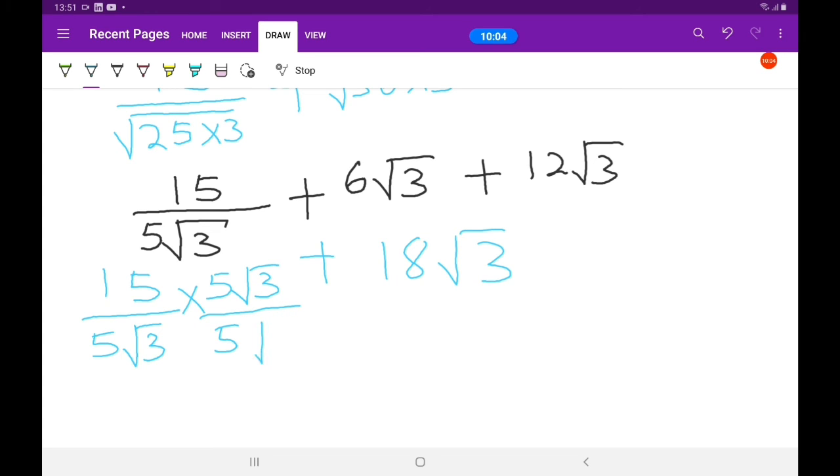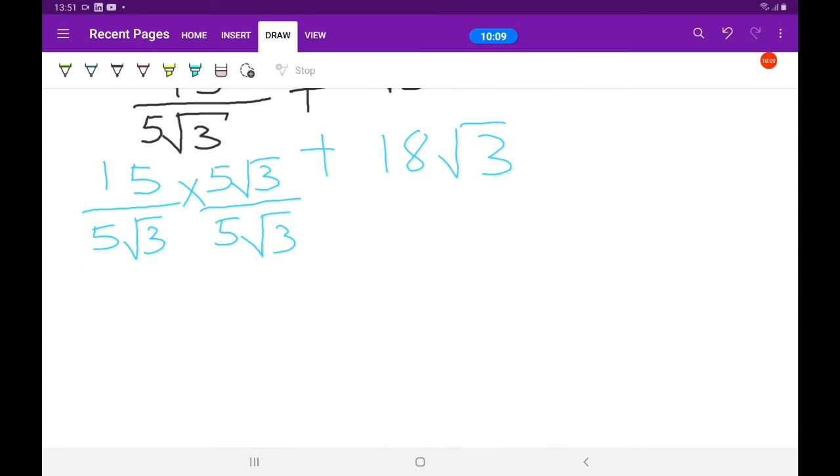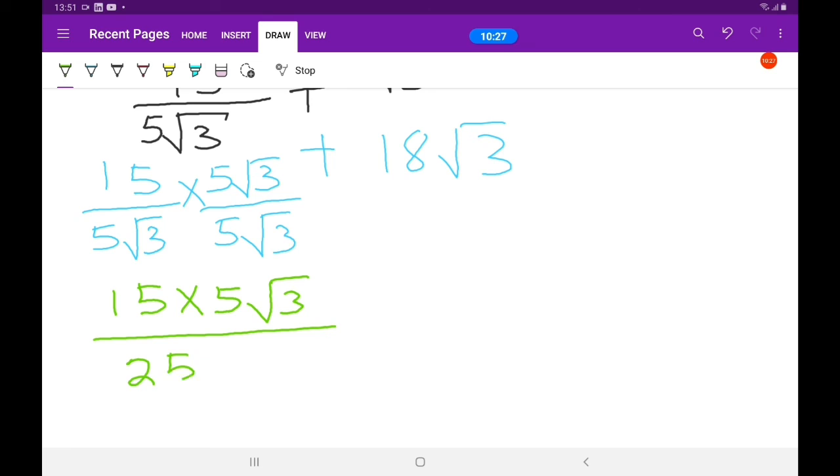If you do that very well, you're going to be getting 15 times 5 root 3. And the other part will be 5 times 5, that is 25. Then we have root 3 times root 3, that is 3. Then remember that we still have our 18 root 3.